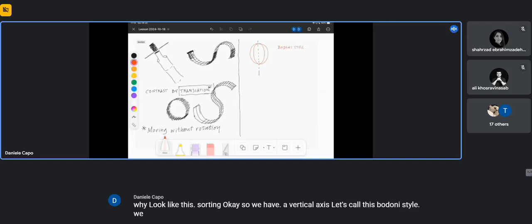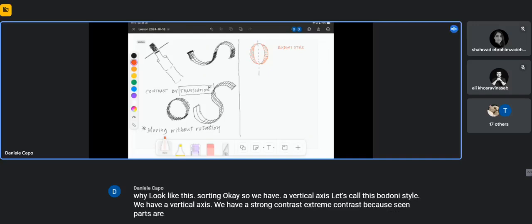We have a vertical axis, we have a strong contrast, extreme contrast, because thin parts are actually thin.